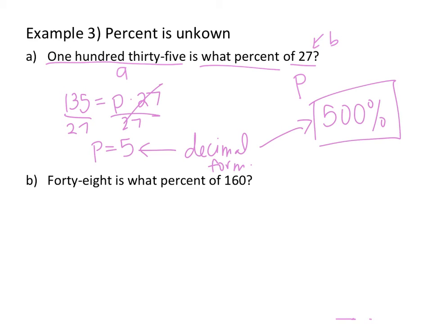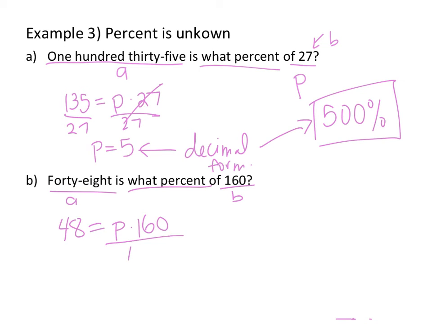48 is what percent of 160? Again, we're going to have to find P and then convert it to a percentage. So we know that of 160, this is my B. This becomes my A. So 48 is equal to our variable times 160.